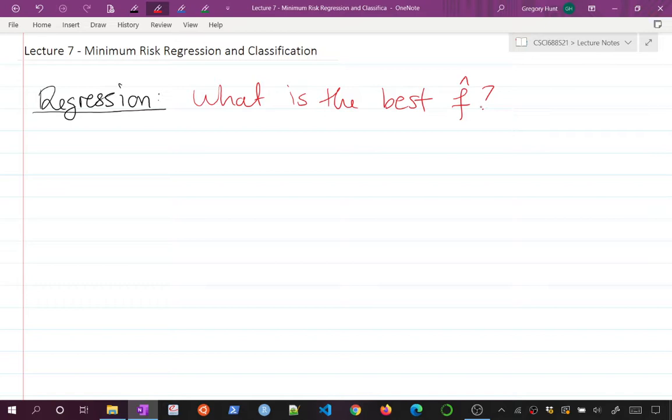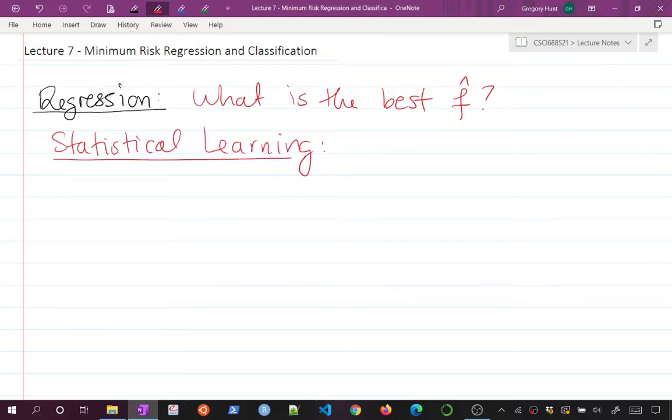So the viewpoint of statistical learning is that our data, x and y, have some joint distribution.